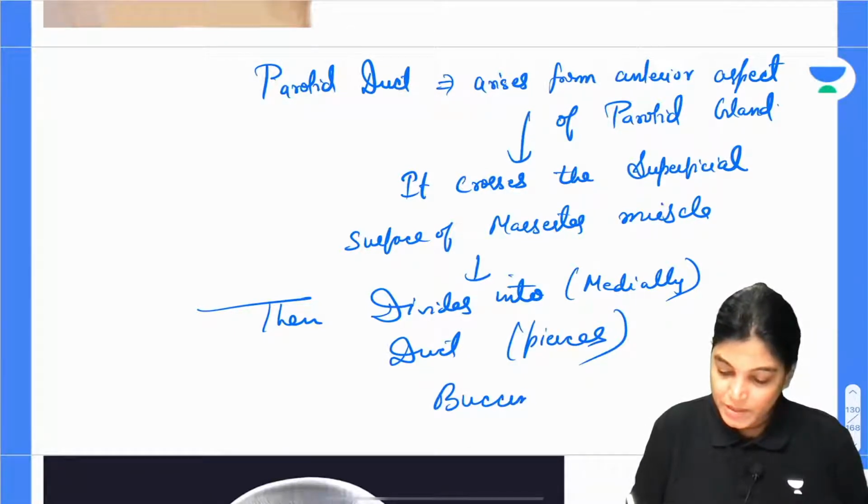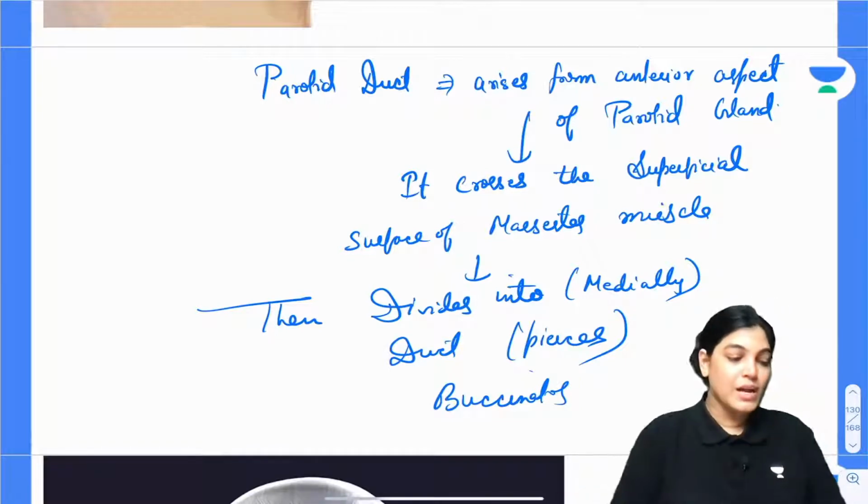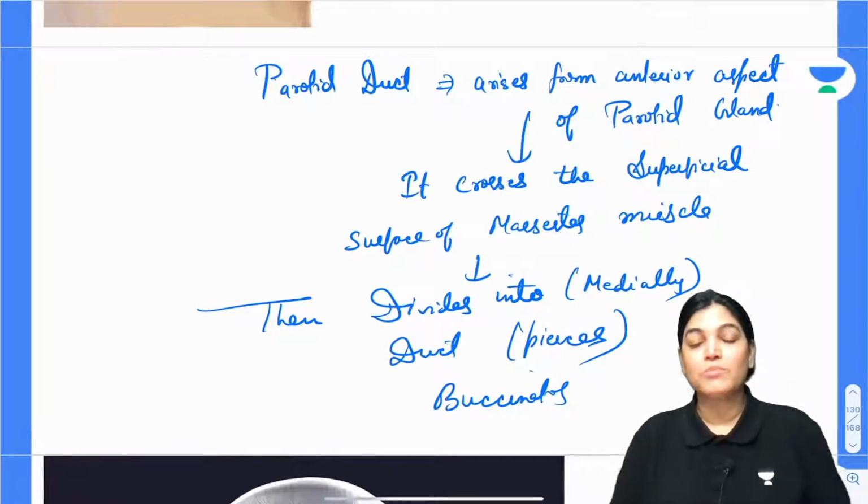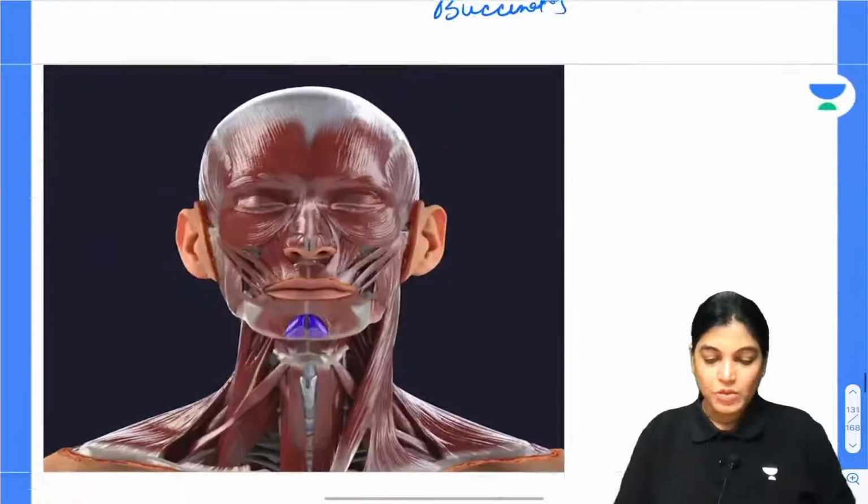What does it pierce? It pierces buccinator muscle and opens, as we have already discussed, opposite the upper second molar tooth. So we are done with this.